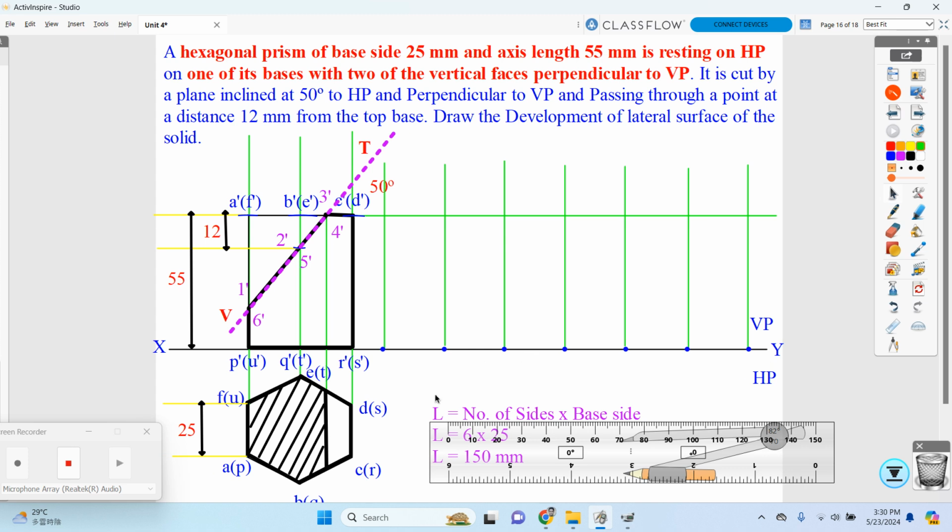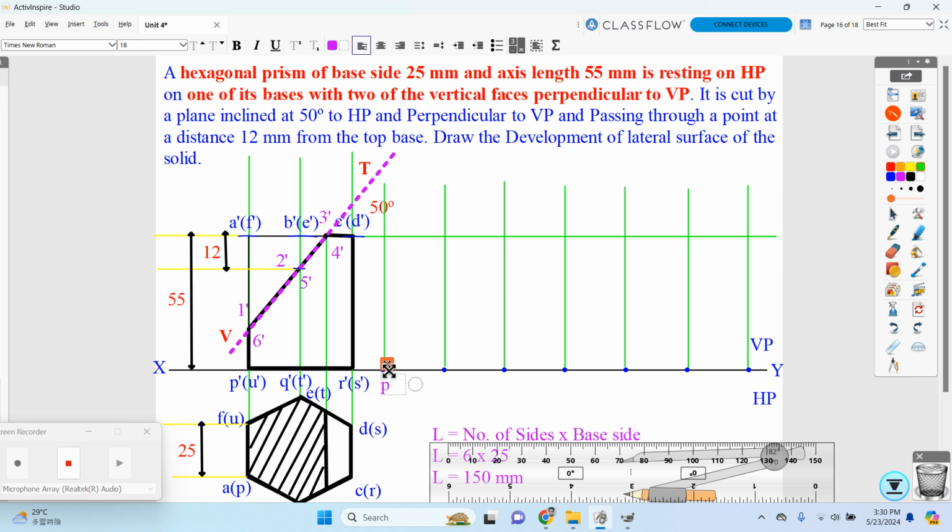First we can see P, Q, R, S, T, U. I'm going to write P as the first point, then Q as my second point, then R as my third point, S as my fourth point, then T, then U as my next point, and lastly ending once again with P as my closing point.